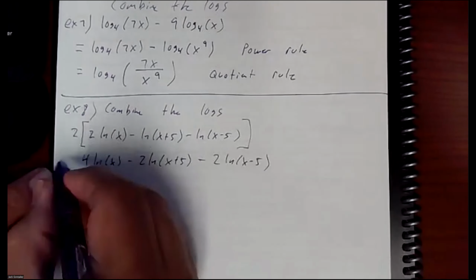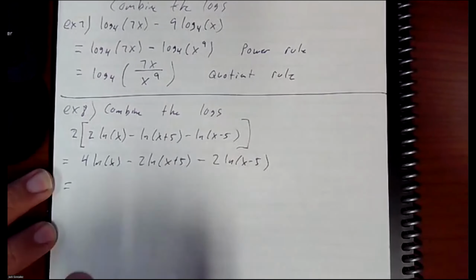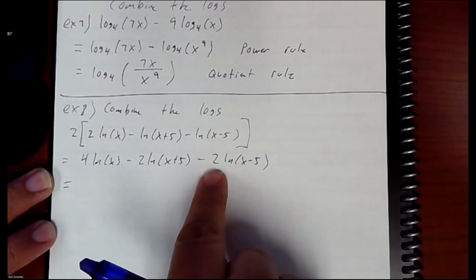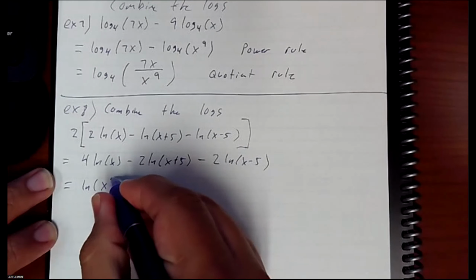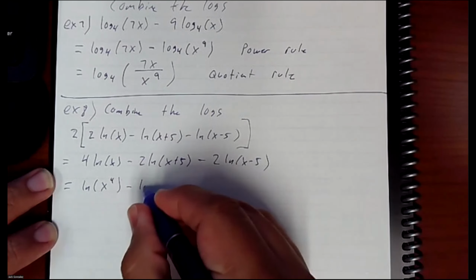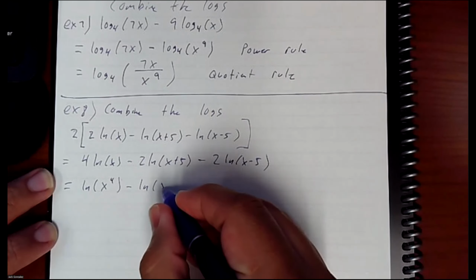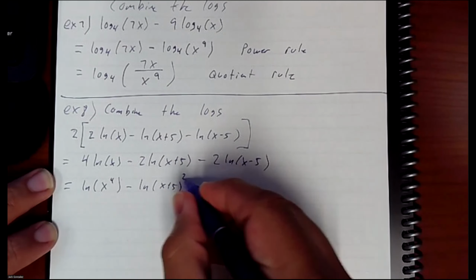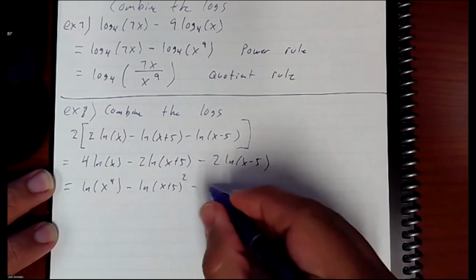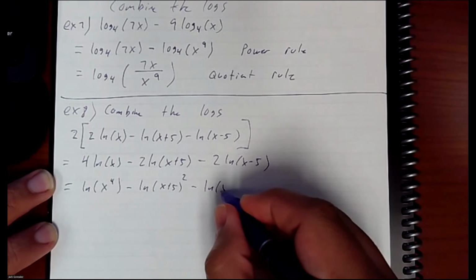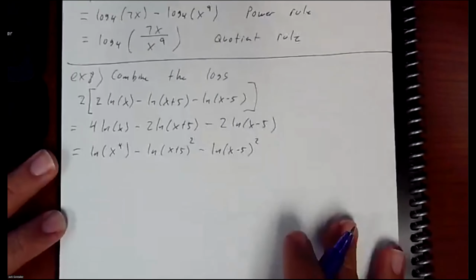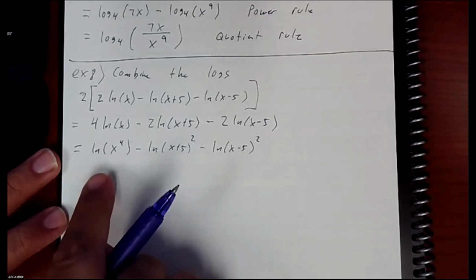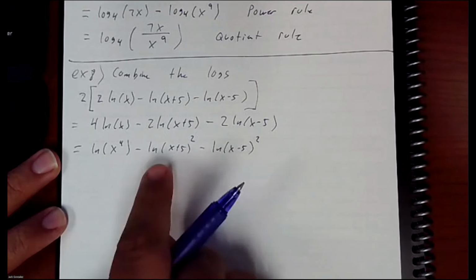So we haven't done any log rules yet. You gotta get rid of all these coefficients, change them to powers. That's the first thing we gotta do before we do the product or quotient. Now they are all up top, so use the quotient.